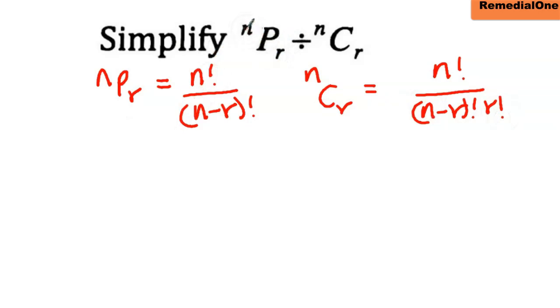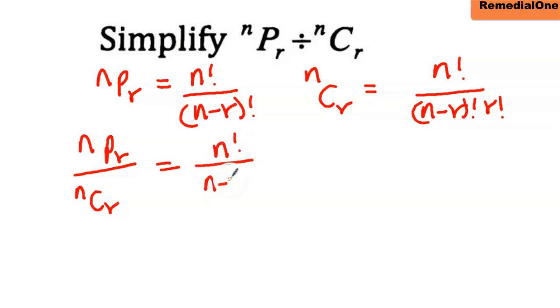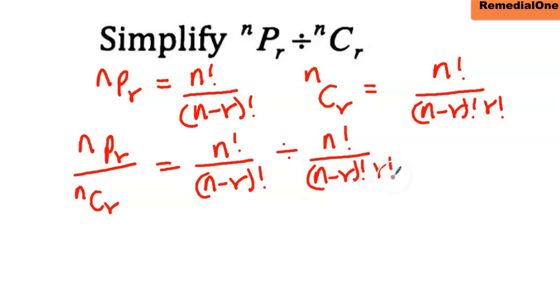Now we have to simplify nPr divided by nCr. So nPr divided by nCr becomes n factorial over n minus r factorial, divided by n factorial over n minus r factorial, then r factorial.